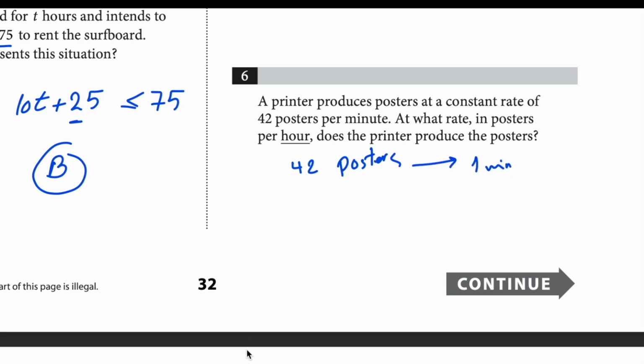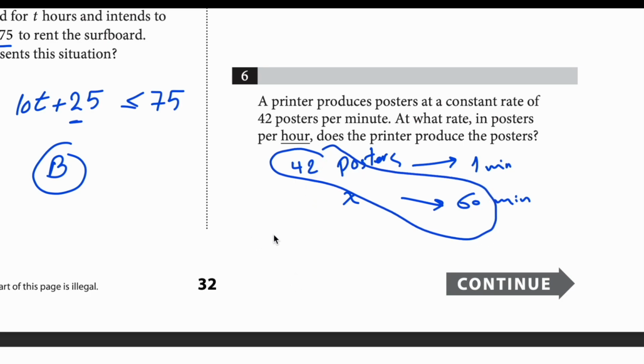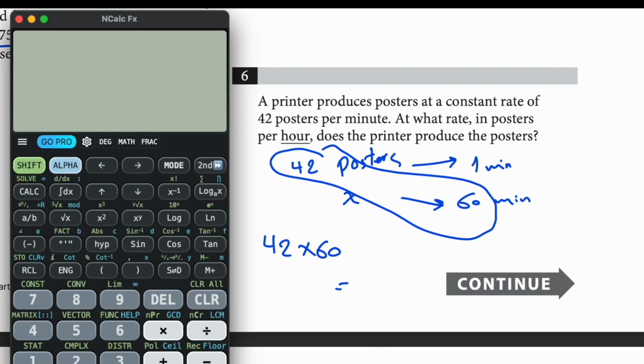Now we want to find the total number of posters in 1 hour, which is 60 minutes. So just multiply 42 times 60 to find the final answer. 42 times 60. So the answer is 2520.